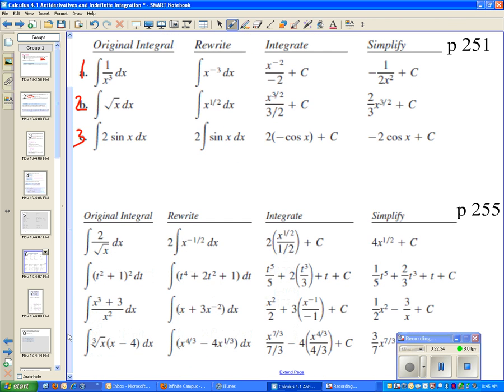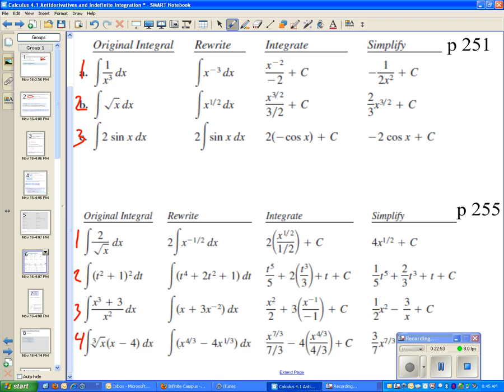And then on page 255, we have the same idea again right before they give us the problems to work, where they have 4 of them this time, where you have to rewrite so that you can actually work the problem.